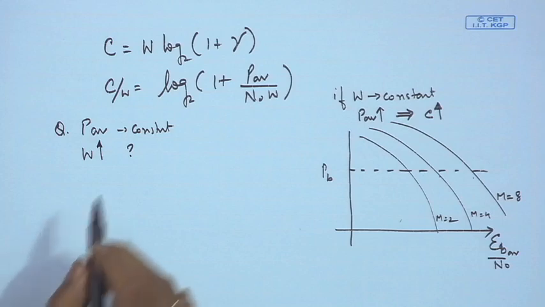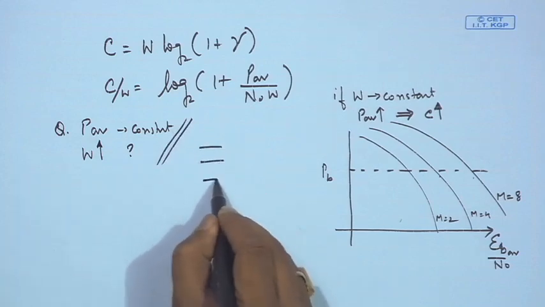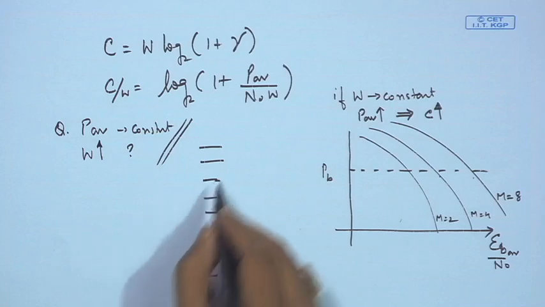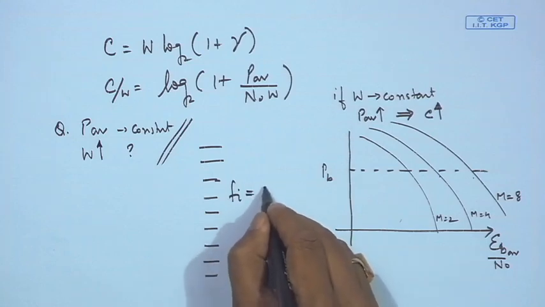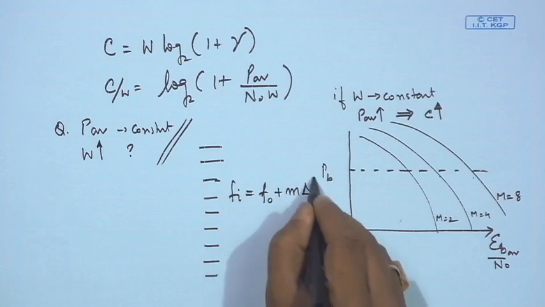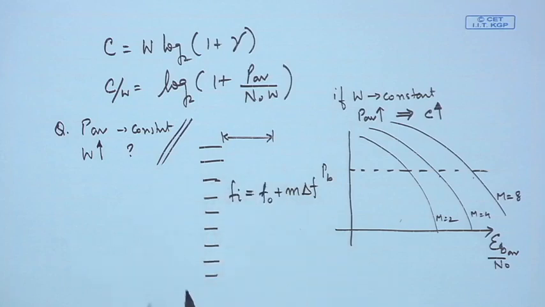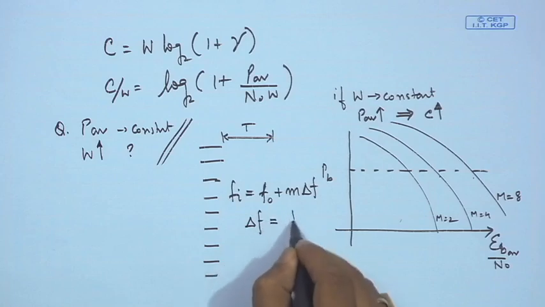So, this reminds us of the situation that we have different frequencies, the M-ary FSK, in which a particular frequency f_i is equal to some base frequency f_0 plus m delta f, and if the symbol duration is t, to maintain orthogonality we have to ensure that delta f is equal to 1 by t.